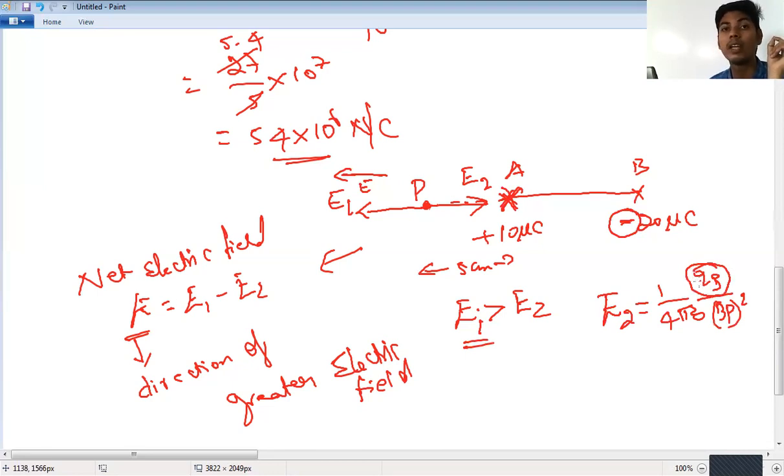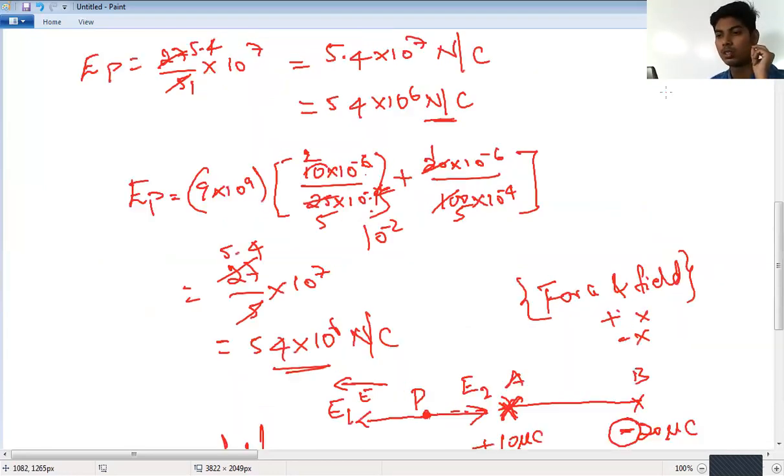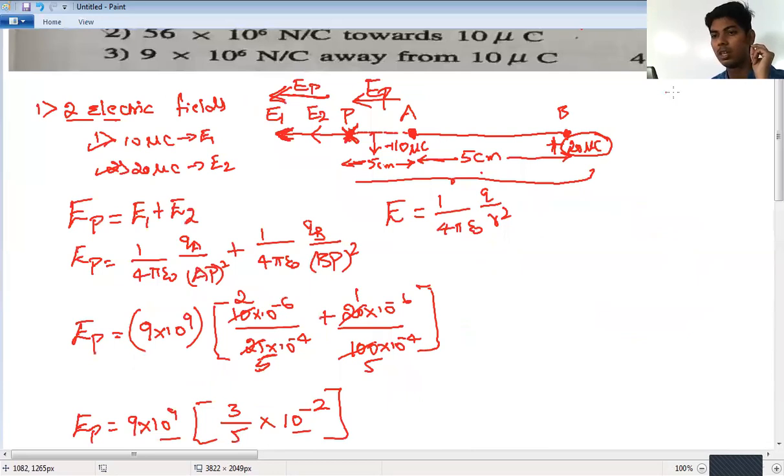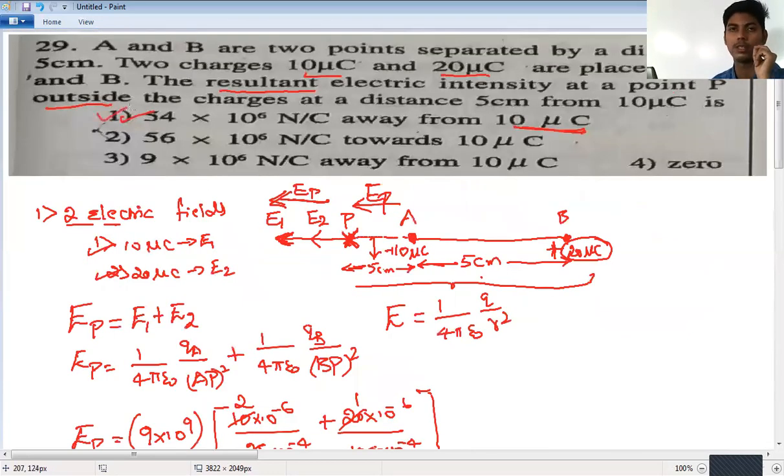Do not substitute minus 20. Signs should not be substituted while evaluating electric force and electric field. Right? So the option here is 1. This is the option. Thank you.